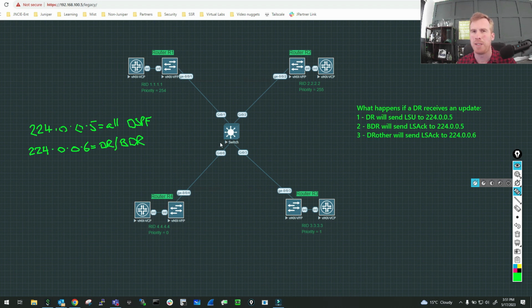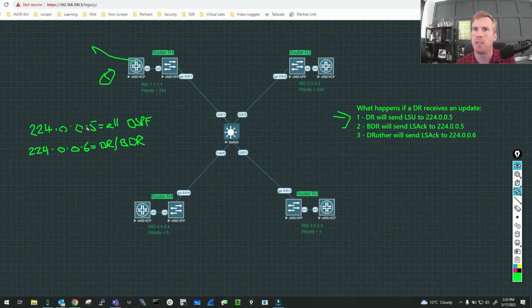So what happens if the designated router, as we can see here, receives an update? Now that update might be a new link coming into the designated router and it's advertising or redistributing that into OSPF, or it could simply be a link which has run out of time, it's got a bit stale in its link state database, and it needs to send that link state update throughout the OSPF routing domain. So what happens when the designated router receives an update or sends an update?